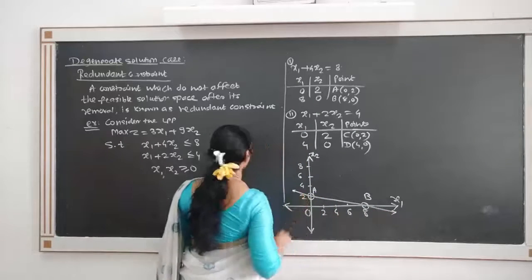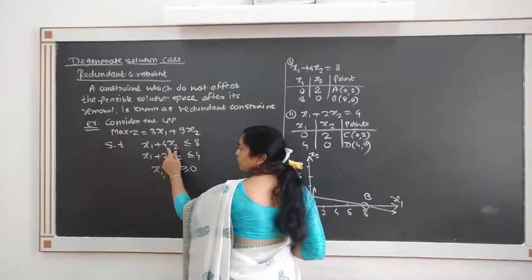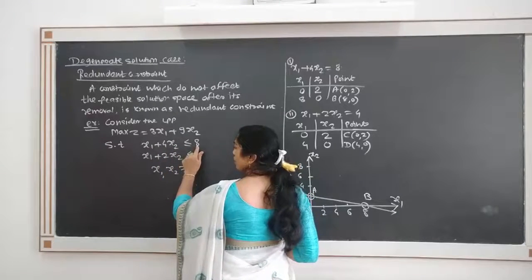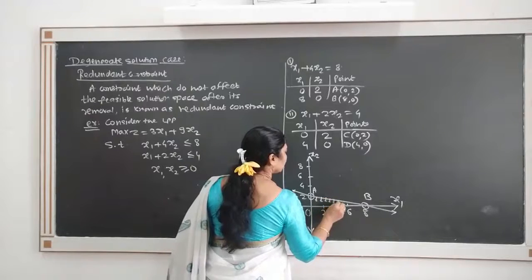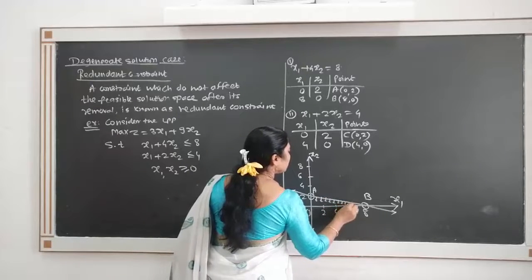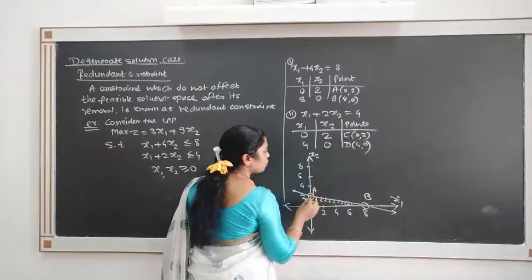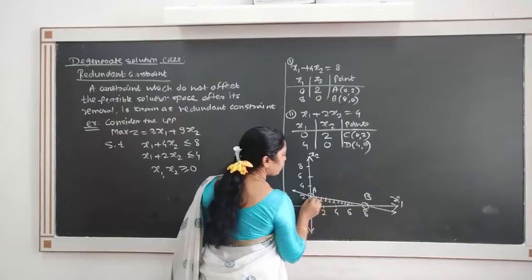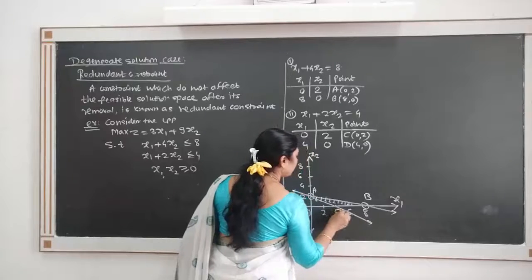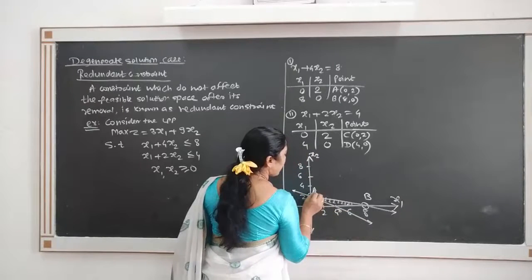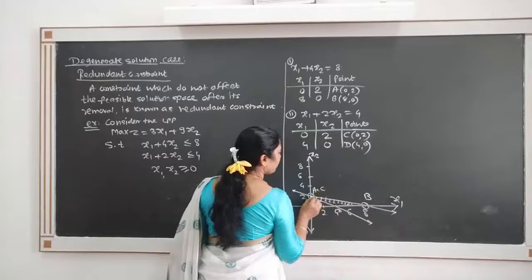Which region do we require? If you put 0, 0 here, 0 is less than or equal to 8, so we require the origin side region. See the second point is 0, 2 and next point is 4, 0, that is this point. So join the points C and D. A and C both are the same points.